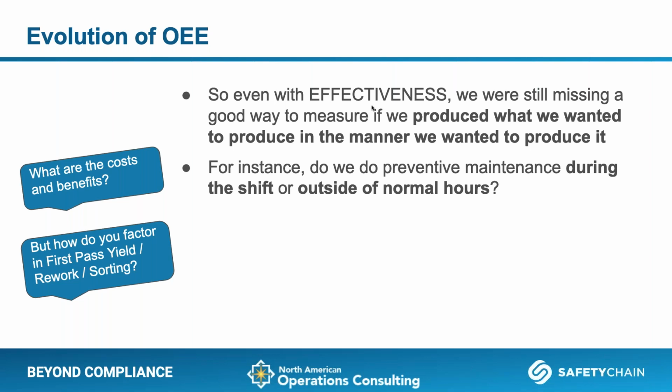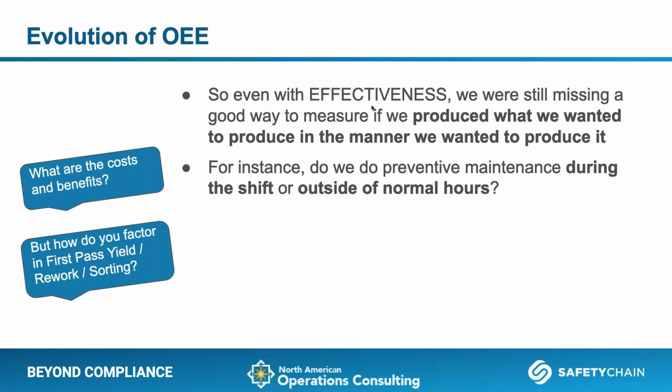Something I'm sure everybody here has a weekly, monthly, quarterly argument about, depending on the maturity of your organization: do you do preventive maintenance during or outside of normal hours? I'm talking about PMs here. Do you change the maintenance schedule to where they can do the PMs on the off hours?